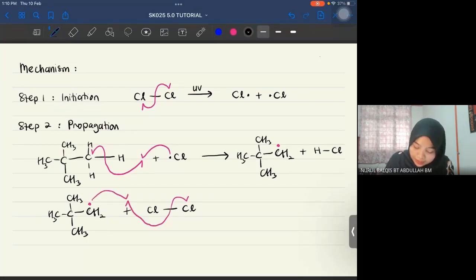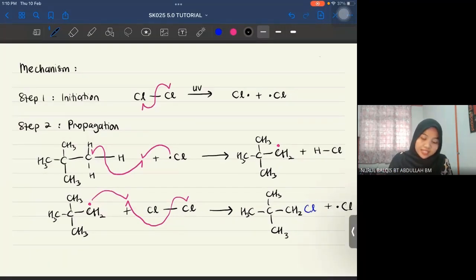Okay, we will get our monosubstituted product of CH3, CH3, CH3, CH2, we have this Cl. Okay, kita ada di Cl plus with Cl radical. So this is for the second step.